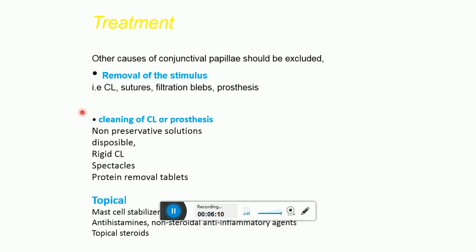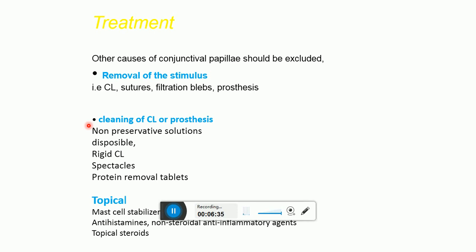The second treatment is to ensure effective contact lens or prosthesis cleaning and change the type of contact lens solution, discontinuing preservative-containing preparations. Switch to monthly and then daily disposable contact lenses if the condition persists after renewing non-disposable lenses.